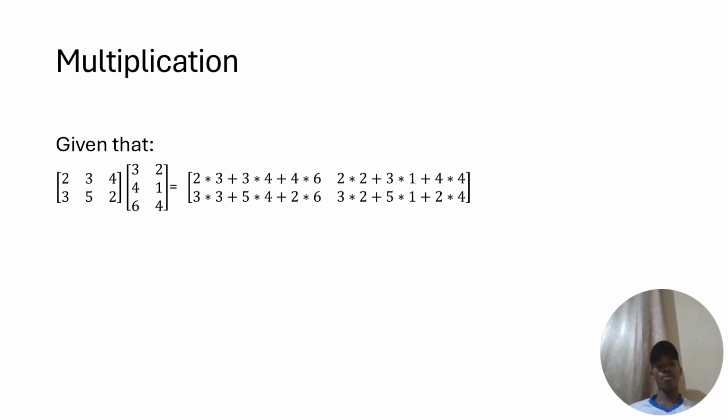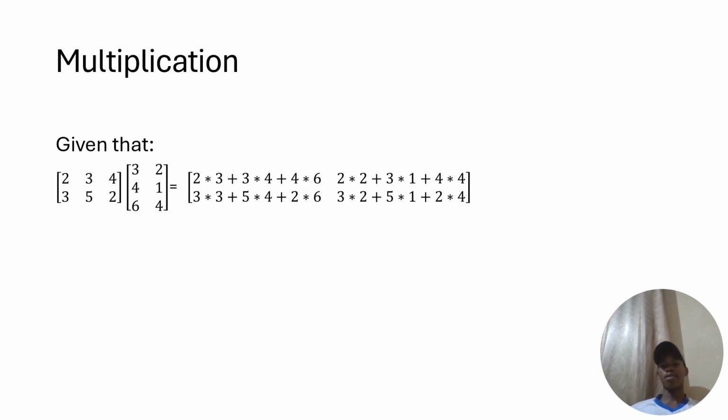Then the second row, we are having 3 times 3 plus 5 times 4, and in the other matrix is a 2 by 6. Those are two rows. Then as I'm to complete, you can see 2 times 2 plus 3 times 1 plus 4 times 4.